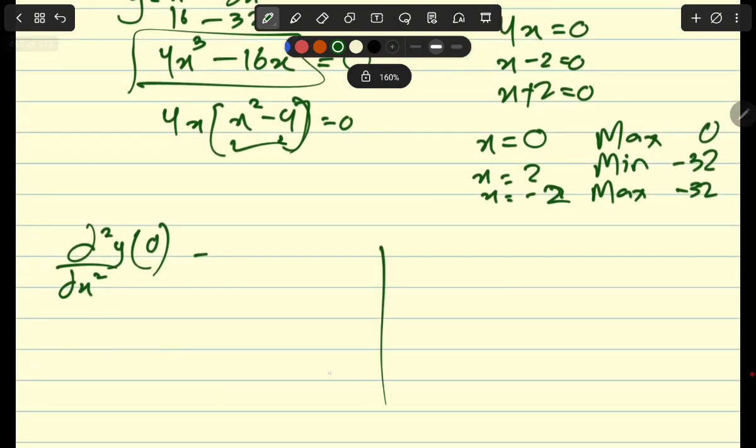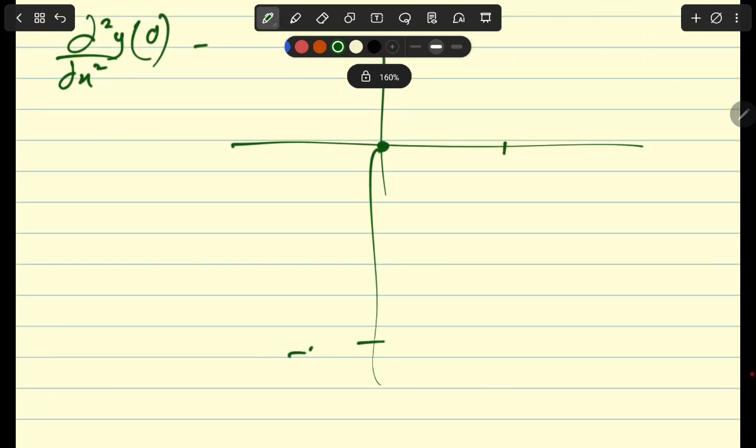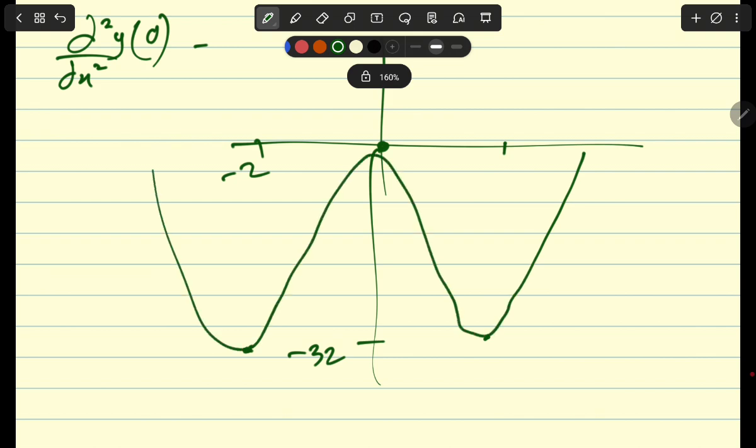So if I try to plot it, one coordinate is 0 comma 0, the other is 2 comma negative 16, and negative 2 comma negative 16, right? So I've got a turning point here and a turning point here. So the graph apparently looks something like this.